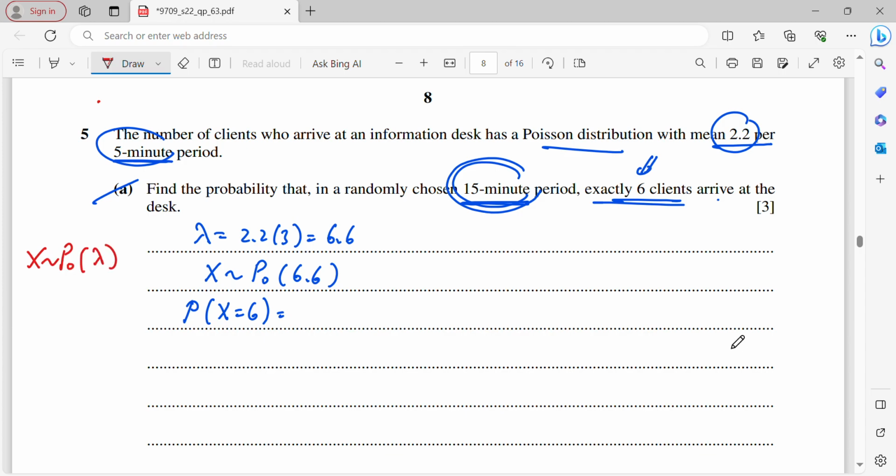X is Poisson with mean lambda. Probability of X equals x is going to be e to the minus lambda times lambda to the power x over x factorial. So from here, I will get e to the power minus 6.6 times 6.6 to the power 6 over 6 factorial. Then you'll be getting 0.156 as the final answer.